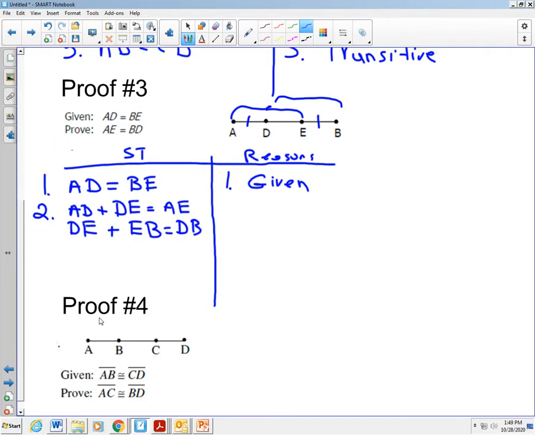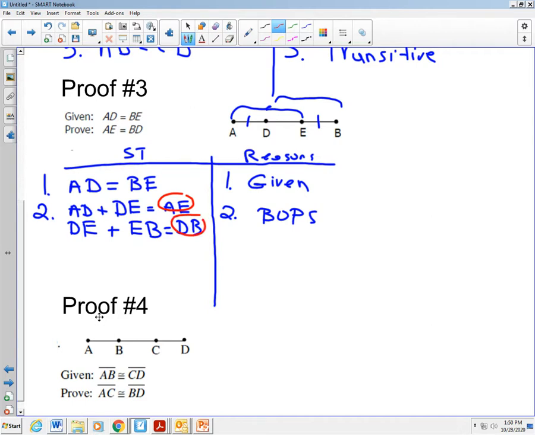And the reason for that step would be BOPS, between of points. Okay? Now look at the goal. Your goal is to show that AE, which is this segment, is equal to BD. DB and BD is the same thing, okay?